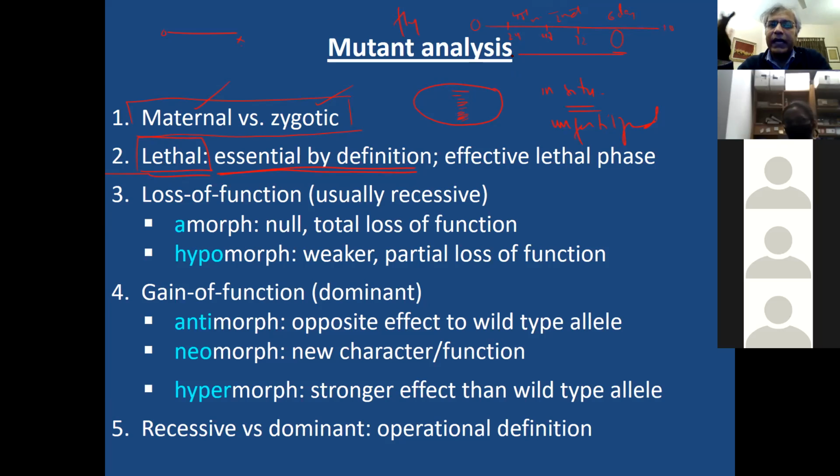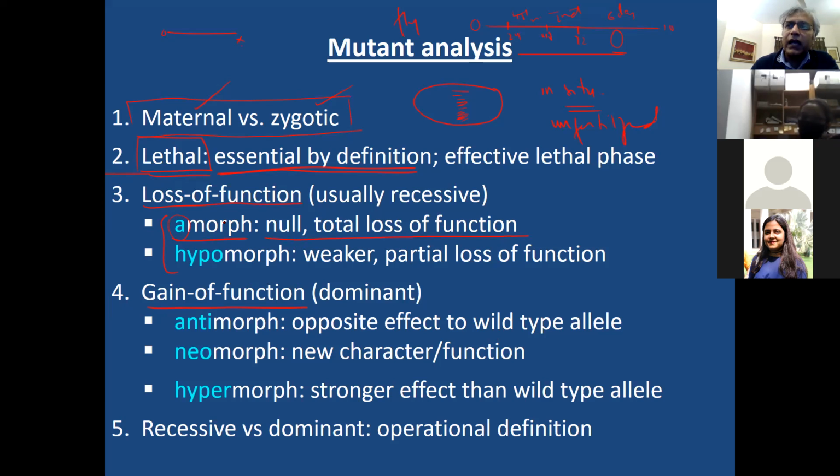Then, of course, you characterize your mutation. In classical genetics, we have loss of function mutation and gain of function mutation, and loss of function mutation is again of two kinds. Amorph means, A means absence, null, so total loss of function. Due to mutation, the gene has lost its function.